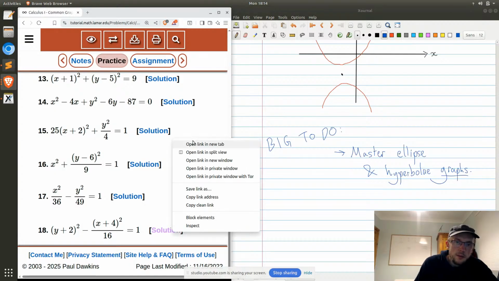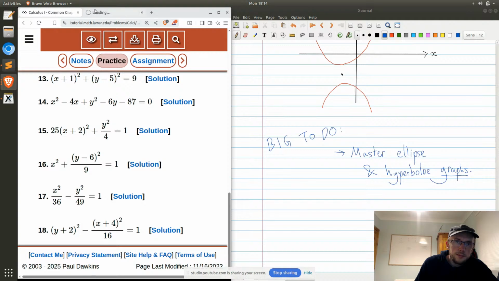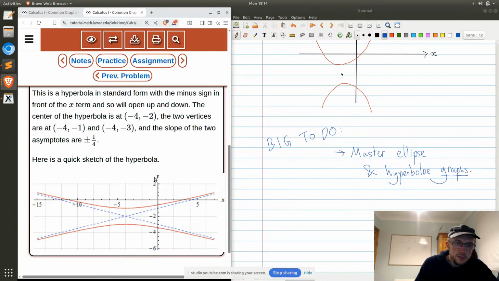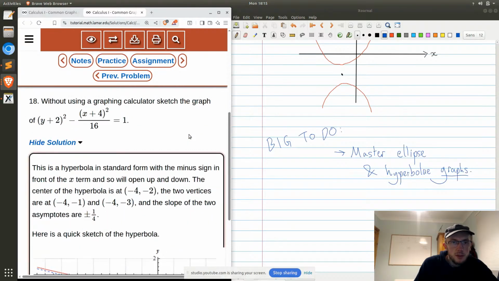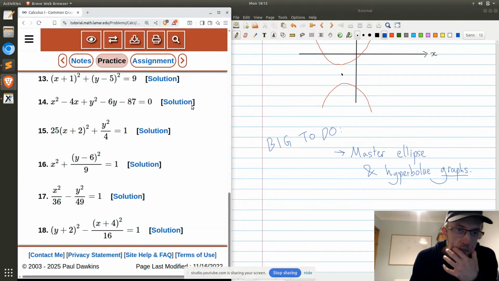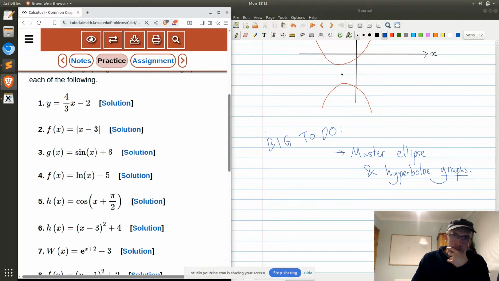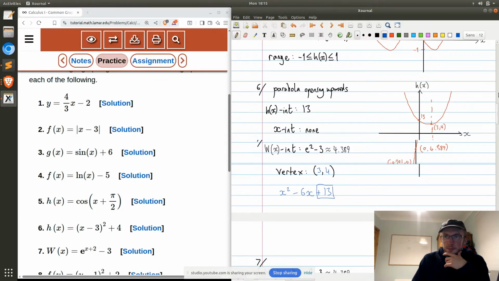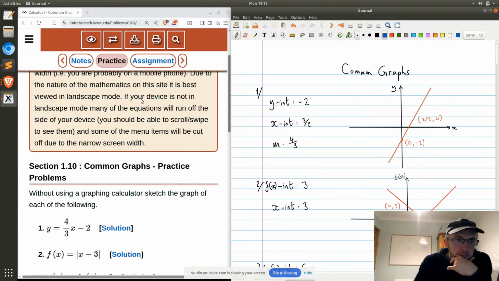Because this is not enough detail. It's just locating a center. Maybe I could do the asymptotes. The 2 vertices, not enough. But I need to come back to this. But otherwise, I did do it.